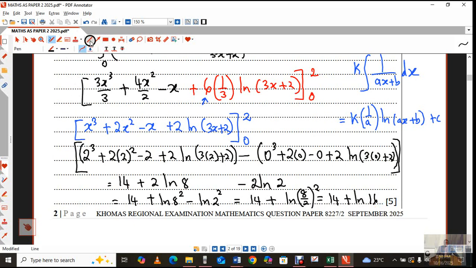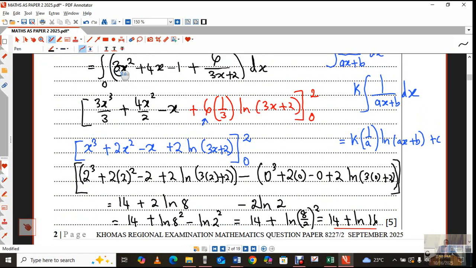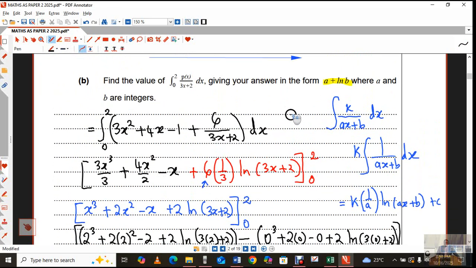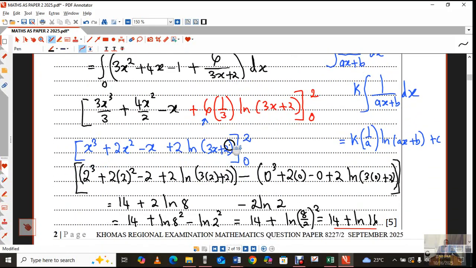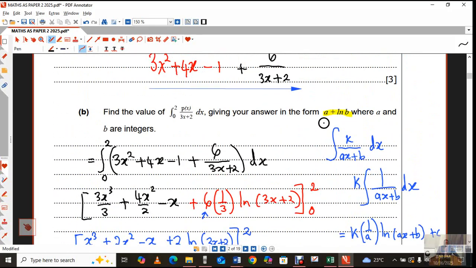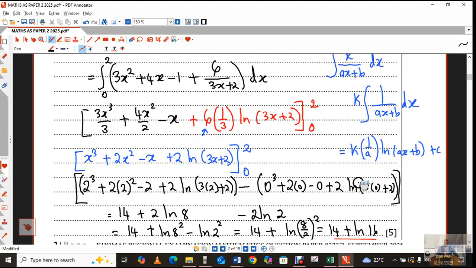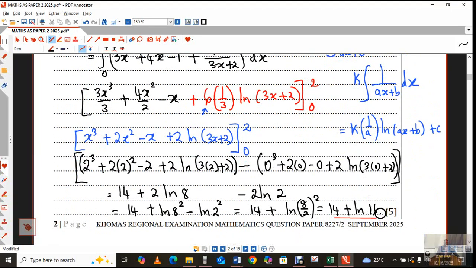And this answer is the answer that we are looking for at the end of the day. Okay, and it's supposed to be in that form. One of the things is you'll probably see me adding more pages because the spaces might not be enough, right? They wanted it as a plus natural log of b. A is 14 and your b is 16. That is the required result.